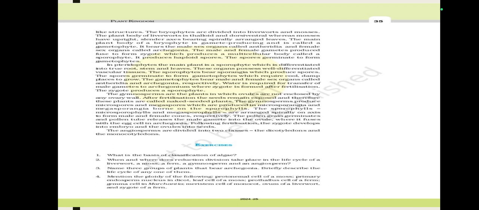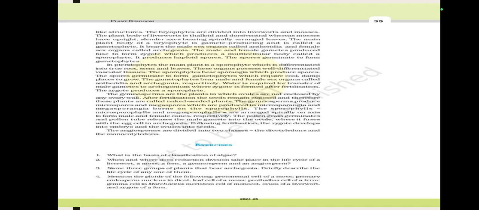In pteridophytes, the main plant is a sporophyte, which is differentiated into true roots, stems, and leaves. These organs possess well differentiated vascular tissues, and sporophytes bear sporangia, which produce spores.